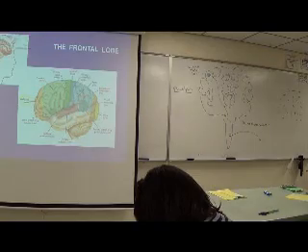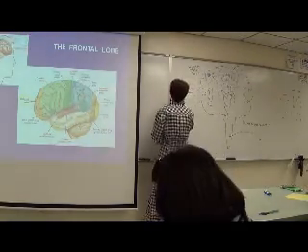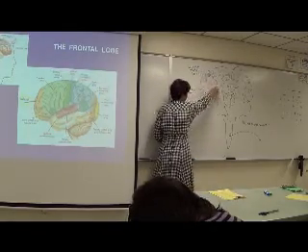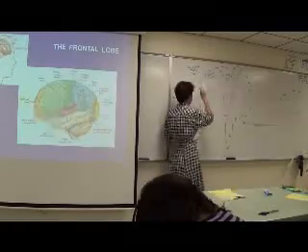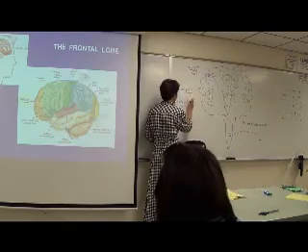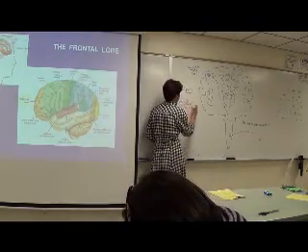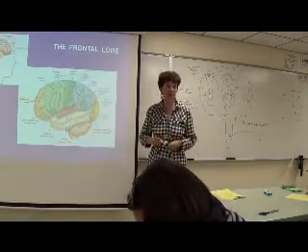Cross out the word flaccid because the term is actually spastic. So if I damage the upper motor neuron, that would be this one, anywhere along this path, spinal cord or precentral gyrus, is going to result in spastic paralysis. So again, paralysis means I cannot voluntarily move that muscle.